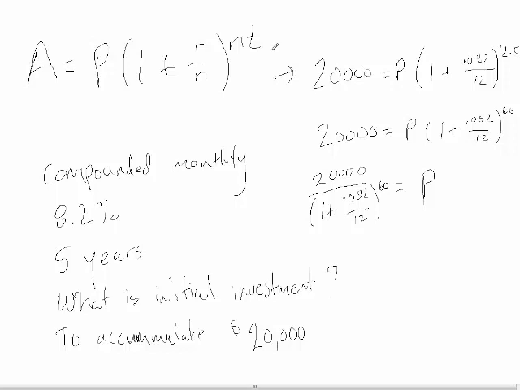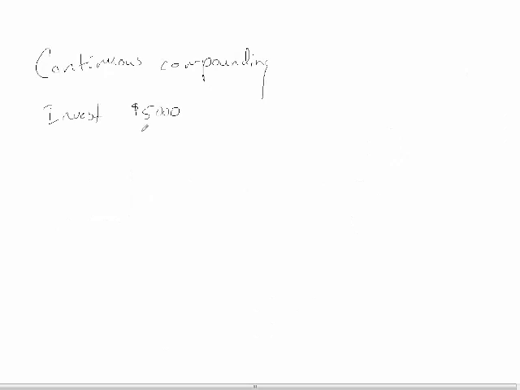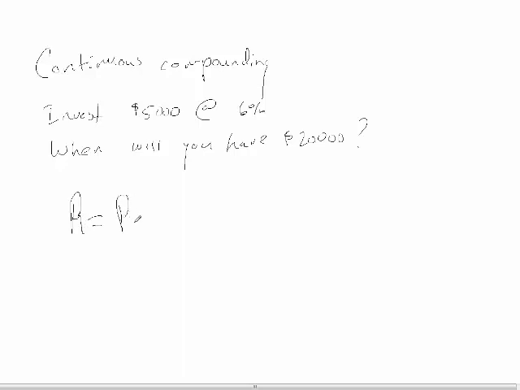This might end up leading you to need to use e on your calculator. So for example, at 6%, when will you have $20,000? So we've got accumulation equals Pert.